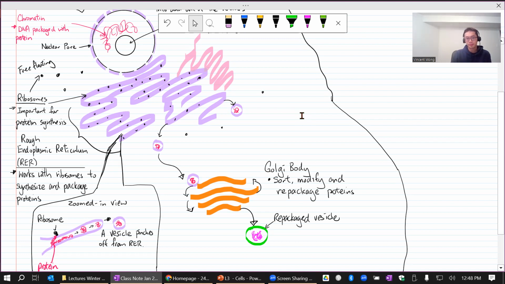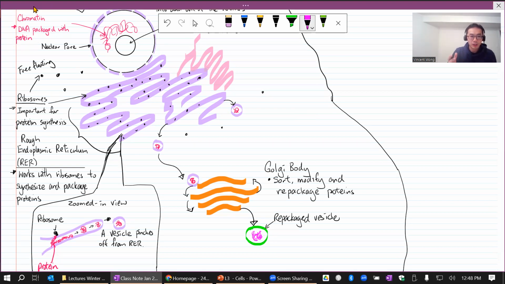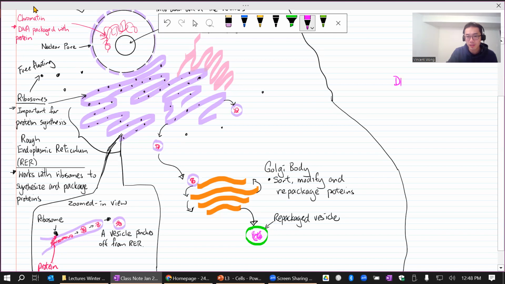So Vincent, this ribosome is making a protein. The order of this protein comes from DNA inside the nucleus. That's right. The DNA here in the nucleus contains the instruction to make the protein, right? We talked about this last time as well, but let's quickly write it down.